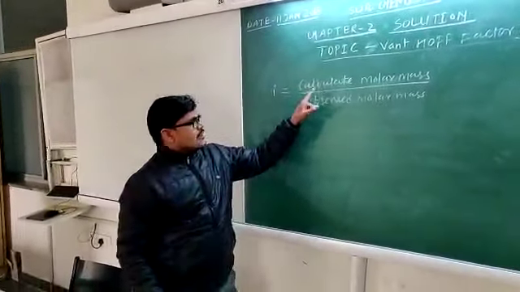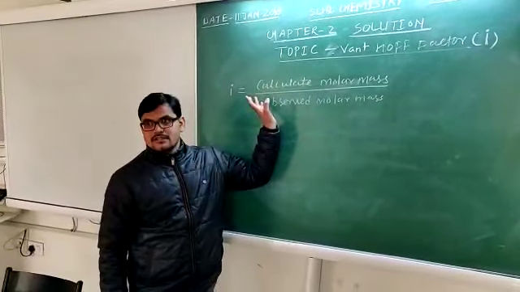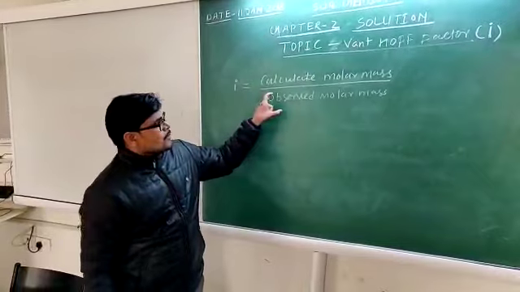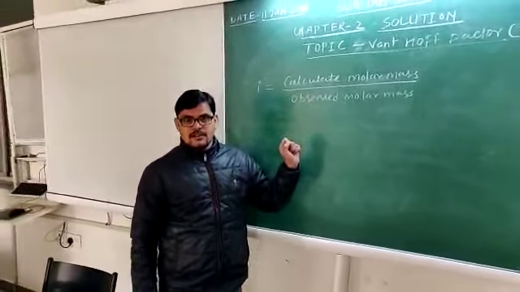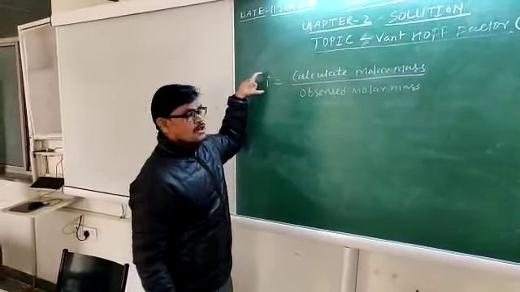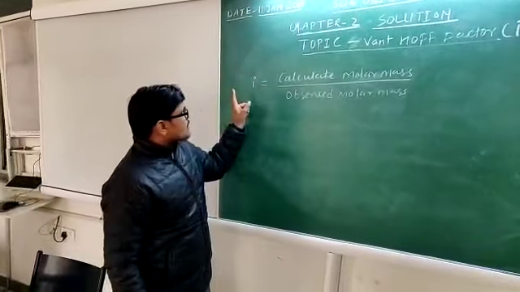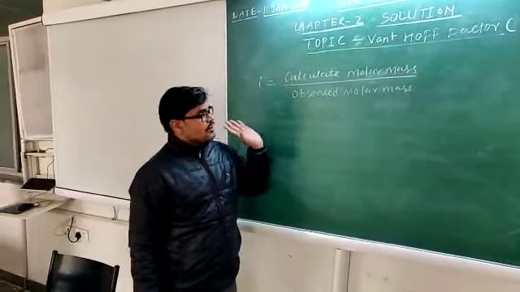Calculated molar mass is also known as theoretical molar mass, and observed molar mass is also known as experimental molar mass. So the ratio of calculated molar mass and observed molar mass is called the van't Hoff factor. A 1 mark definition has already appeared in the board examination in different years.